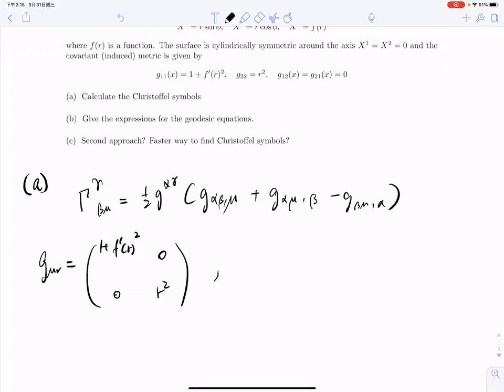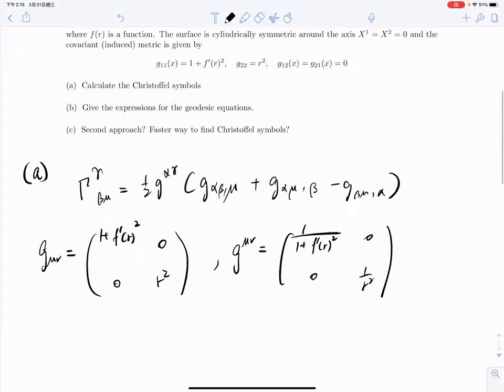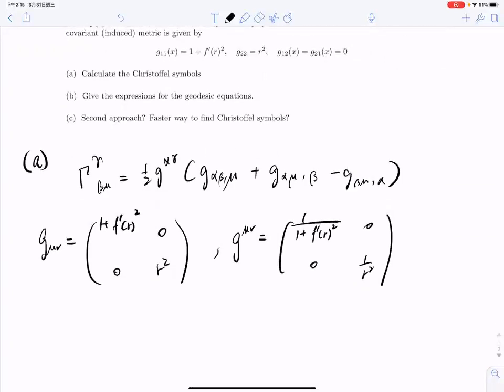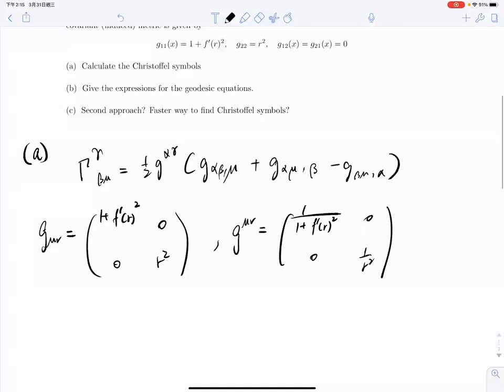So the inverse of the metric is just the diagonal components as 1 over the component.